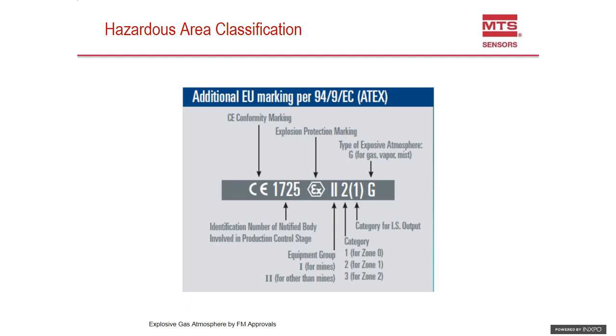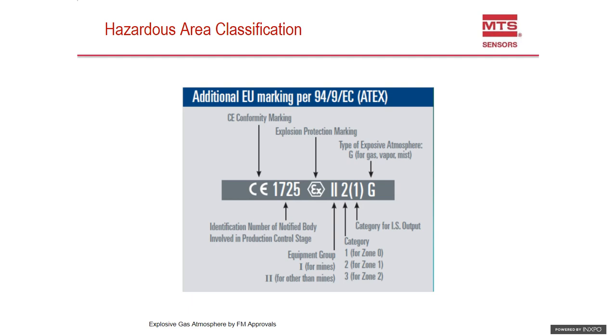Next to it, you have the Ex marking. This is a standardized marking that's used on all ATEX products. And then before, we had it written out where we had Class 1, Division 1, or Class 1, Zone 1. Here, we're still writing out, instead of class, we have the group. So you either have the single I for mines, or you have the II for other than mines.